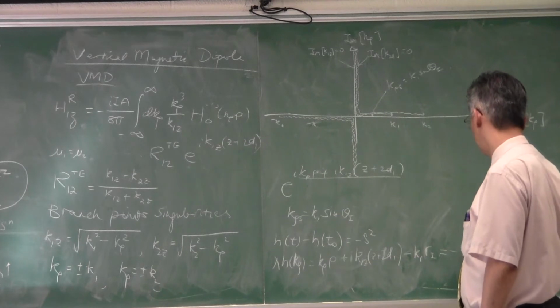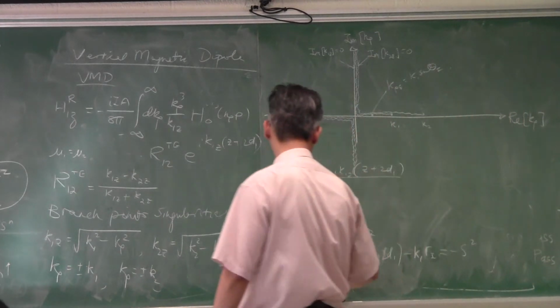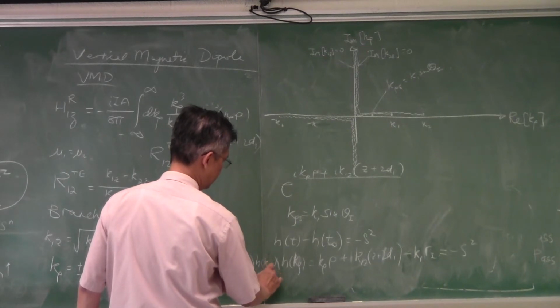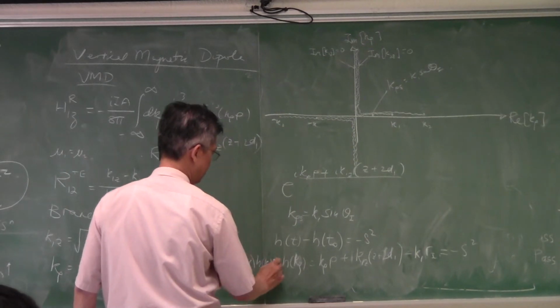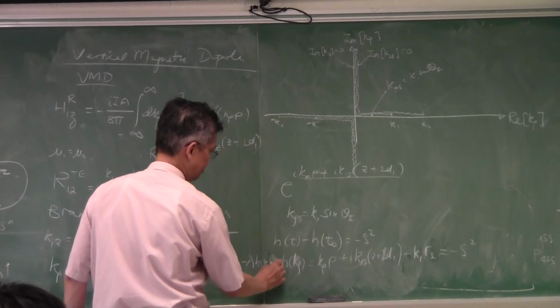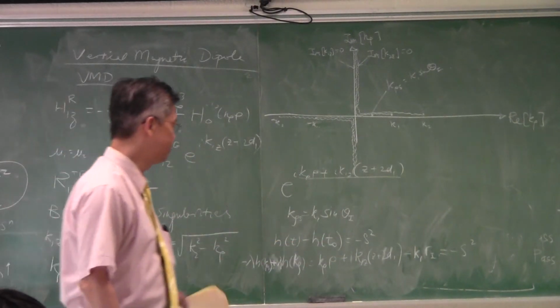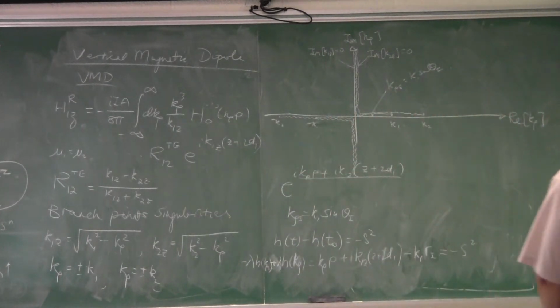I want to explain why, but if you evaluate that, it would be equal to that. Equal to minus s squared. So the left hand side should be equal to minus lambda h k rho s plus this. Okay, it's kind of not very clean, but you know what I mean. Okay, you solve that equation to look for the constant phase path that passes through the saddle point, and that equation you have to solve numerically. There's no closed form.